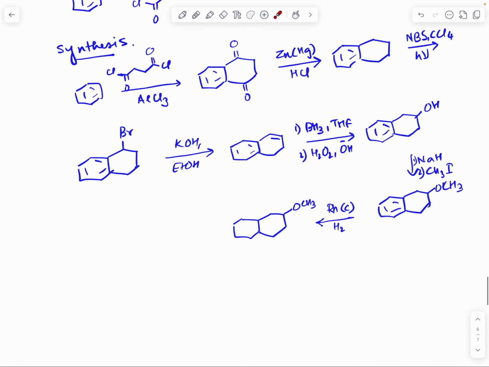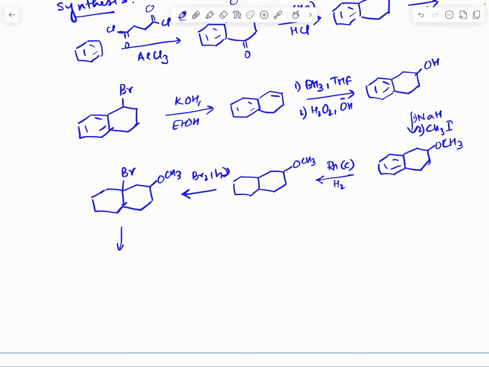So for B, we can think about, could I add something out here at this position? So I could take this one step further and do Br2, h nu, and that would put a bromine at the most substituted position, that is out here.